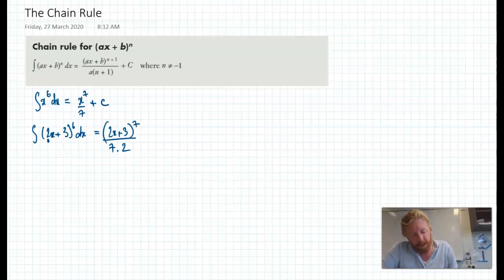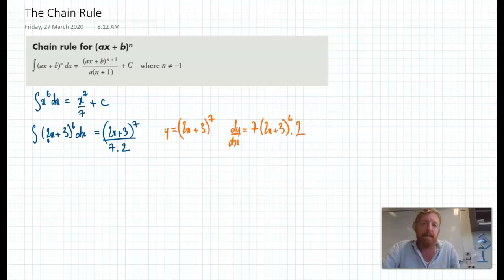If I say that y, I'll just use y instead of f of x, y equals (2x plus 3) to the 7. From here, I can differentiate. We know how to differentiate. I bring the 7 down, and I get (2x plus 3) to the power of 6, and then I get this 2 out. And that's of course because we have the chain rule.